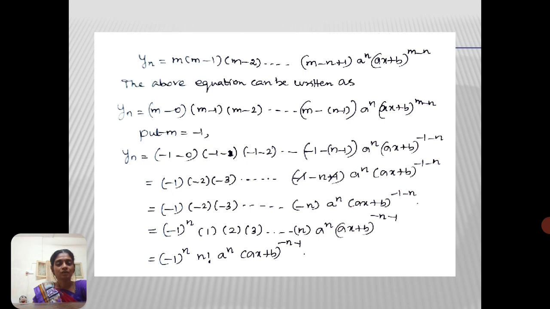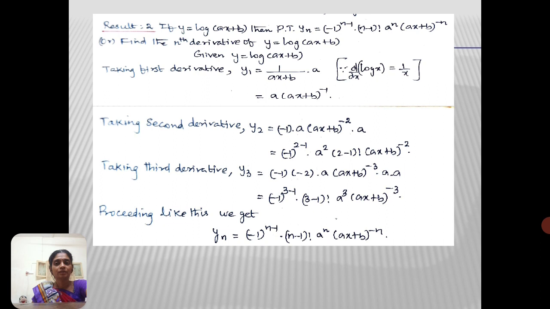Here minus 1 is repeated as n times. So we can take minus 1 from these n terms. We write as minus 1 power n into 1, 2, 3, etc. n into a power n into ax plus b power minus n minus 1. So the answer will be minus 1 power n factorial a power n into ax plus b power minus n minus 1.